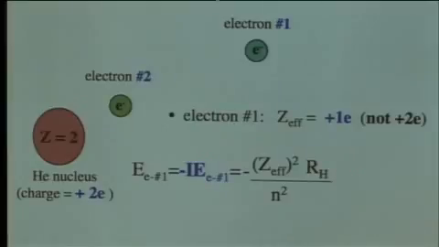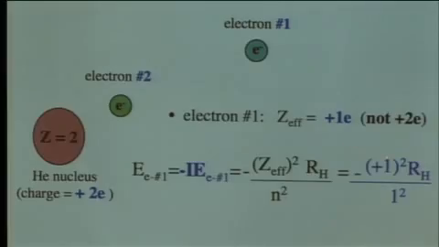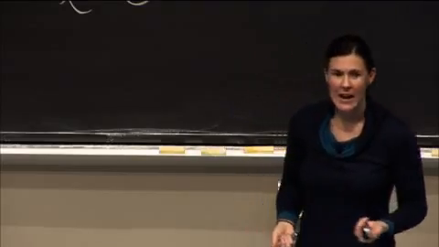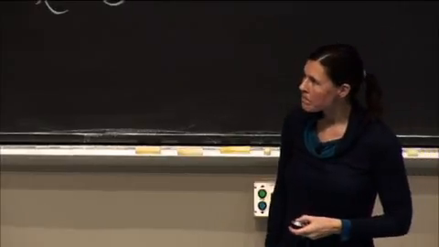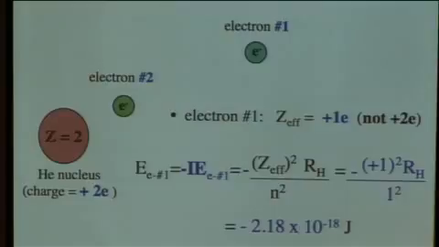So let's plug in these values and see what we would expect for the energy. It would be -1 squared times R_H all over 1 squared, since our Z effective is 1, and n is also equal to 1 because we're in the ground state, so we're talking about a 1s orbital. If we look at what the answer would be, this looks very familiar.